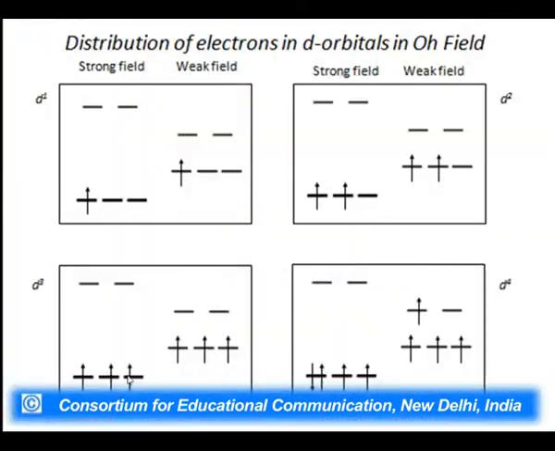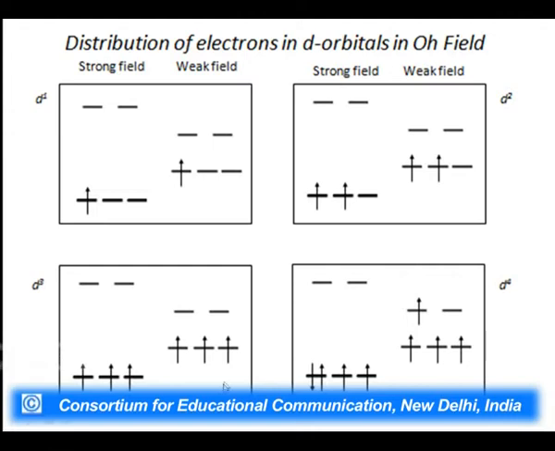We have variation in CFSE arising because of both factors: how much is the gap, the 10 Dq value, that decides the CFSE, and secondly, how many unpaired electrons are present in the system.